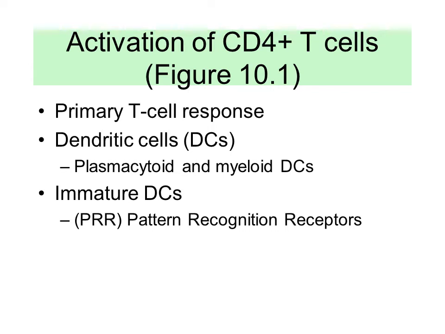I also use the terms naive cells, mature cells, activated cells. When I use these terms, basically what I'm trying to say is that the cell is in a different mode of activation, right? So the cell was sitting over there in inactive form, and all of a sudden it becomes active. It's ready to go, so it has to perform a function.